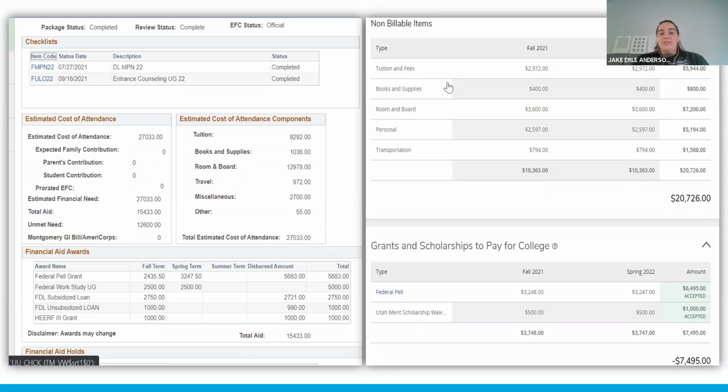You can accept the loans if you've declined them with most institutions. You do have to contact the financial aid office, and through a form or an email, they'll inform you what you need to do to be able to accept it. Usually the absolute cutoff for accepting any loans or aid is the end of the semester.